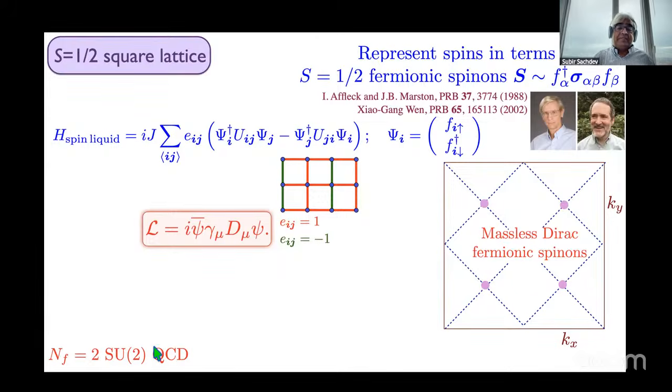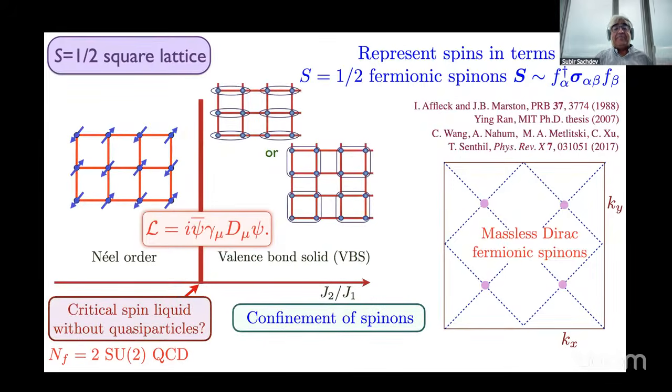Now, just like in QCD, where people now understand the confining phases of QCD, here also we've started to understand what are the confining phases of this theory. And amazingly, they turn out to be exactly the states that were seen in the bosonic spinon description, the Néel state and the valence bond solid.